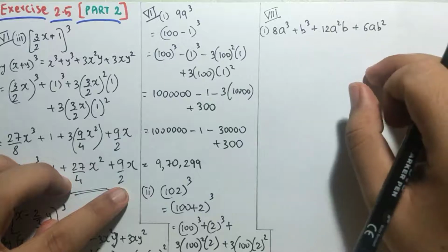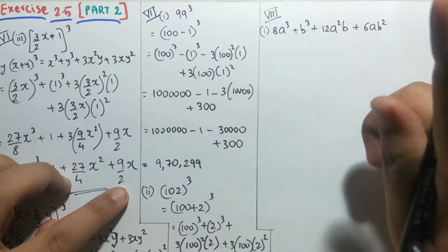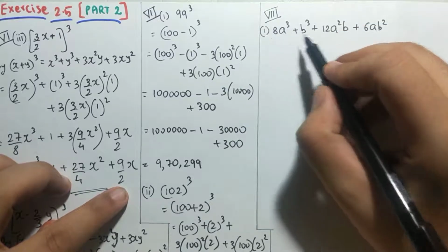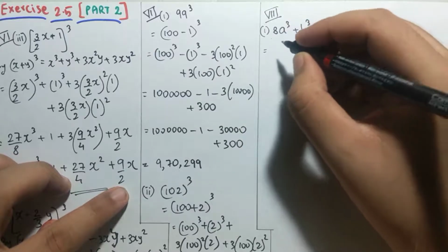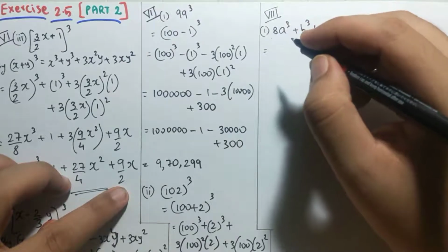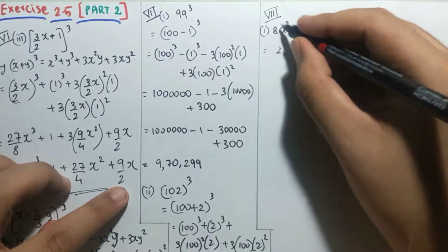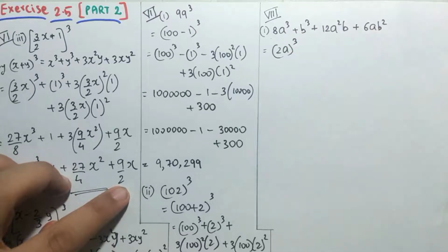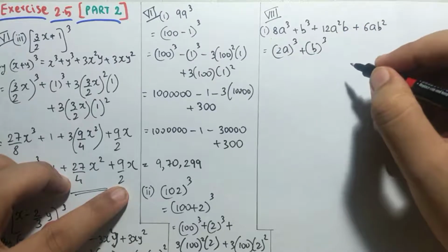Out of these 4 terms, can you see any 2 terms which are perfect cubes? Perfect cubes, not squares. Yes, 8a cube and b cube are perfect cubes. What is the cube root of 8? If you prime factorize it, it will be 2. So the first term is 2a whole cube, and the second term is b cube.